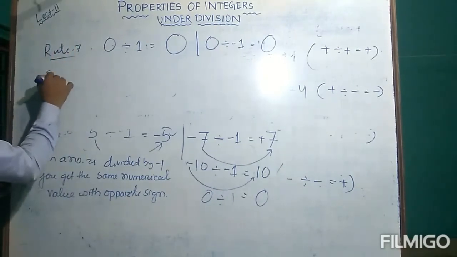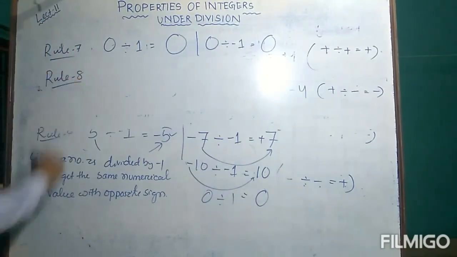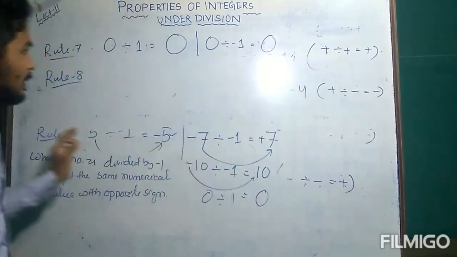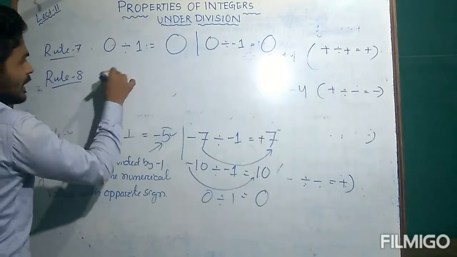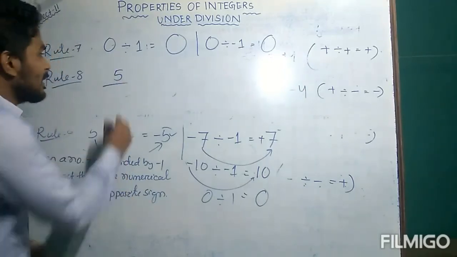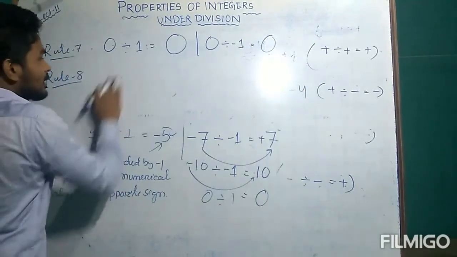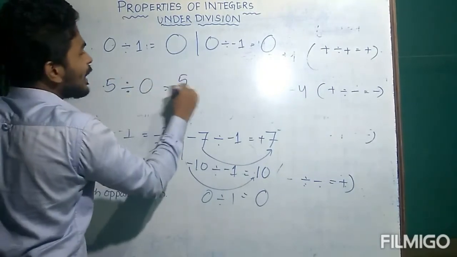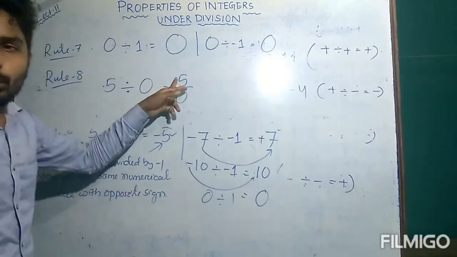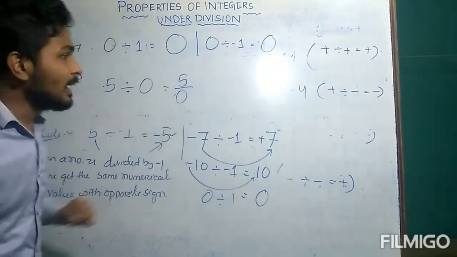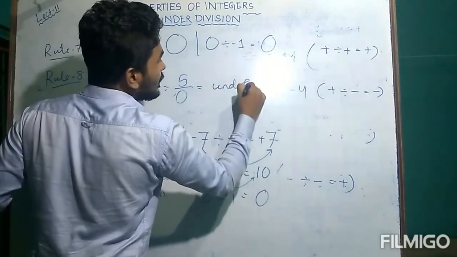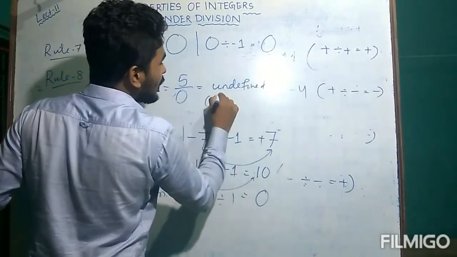Next is rule number 8. It tells you that whenever any number is divided by 0, for example 5 divided by 0, that means 5 by 0, here 5 is the numerator and 0 is the denominator, then the result is undefined, or you can say does not exist.